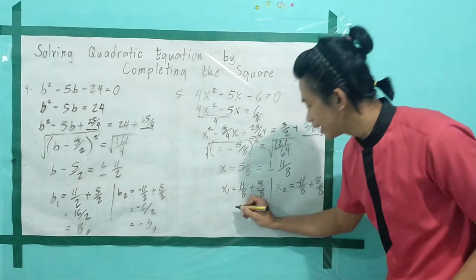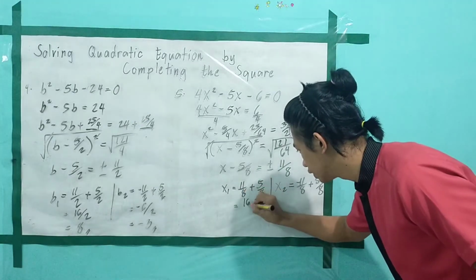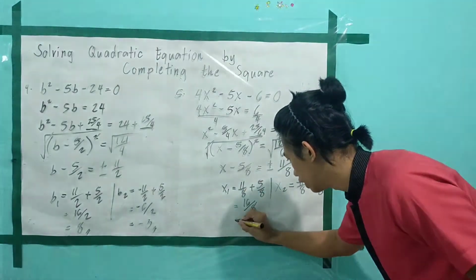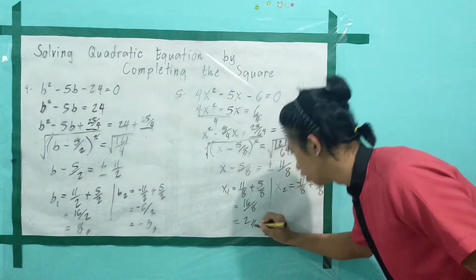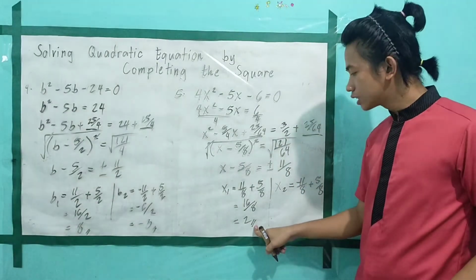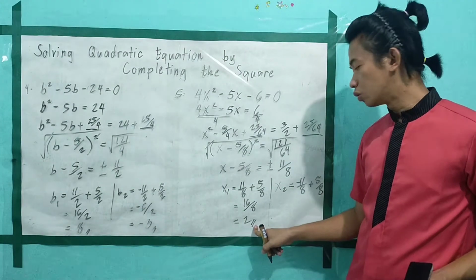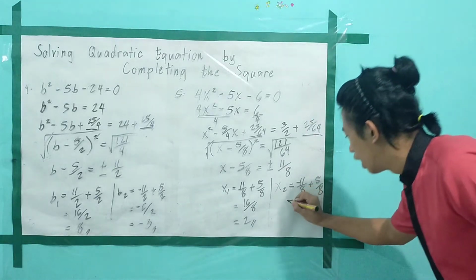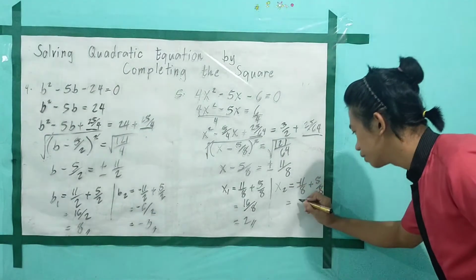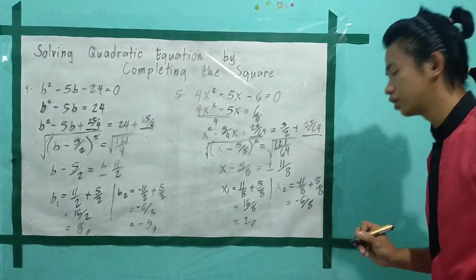So, simplify natin. For our x sub 1, 11 plus 5, we have 16 over 8. Is equal now to 16 divided by 8 is equal to 2. Now, the value of our x sub 1, or the first solution, is equal to 2. Proceed tayo sa ating x sub 2. Okay, negative 11 plus 5 is equal to negative 6 over 8.